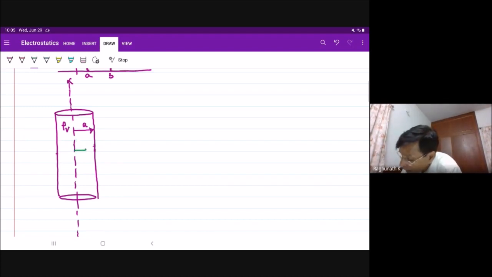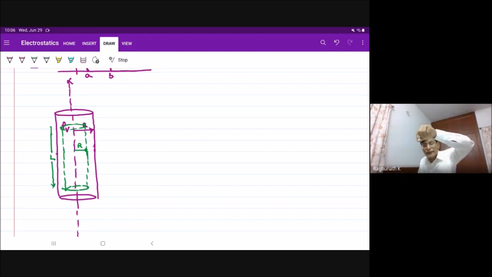I have to draw a cylindrical surface of coaxial radius r and of length L. We consider this because at any point on the cylinder, the field is the same. The field is the same because the flux density is the same.